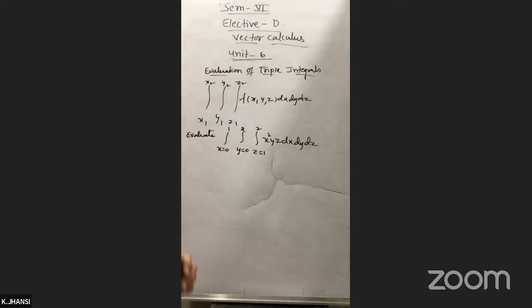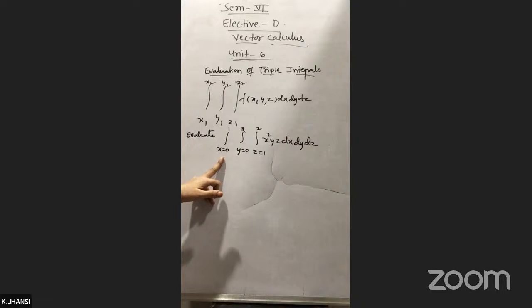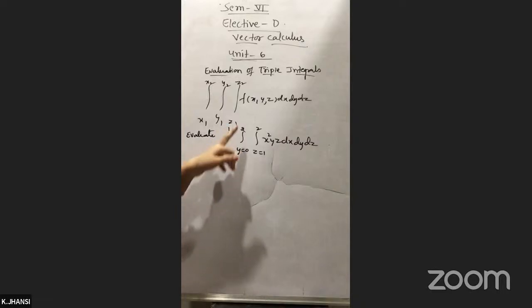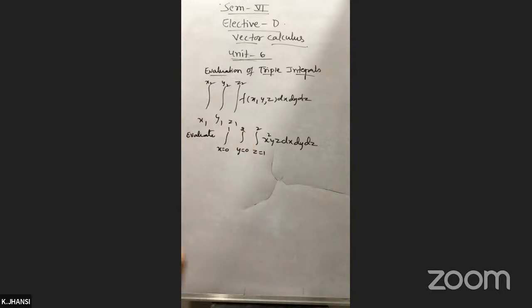Okay. So this is the given function we have. From the condition, first we integrate z, then y, then x. Here constant limits are given for x, y, z. So this one we can do directly.